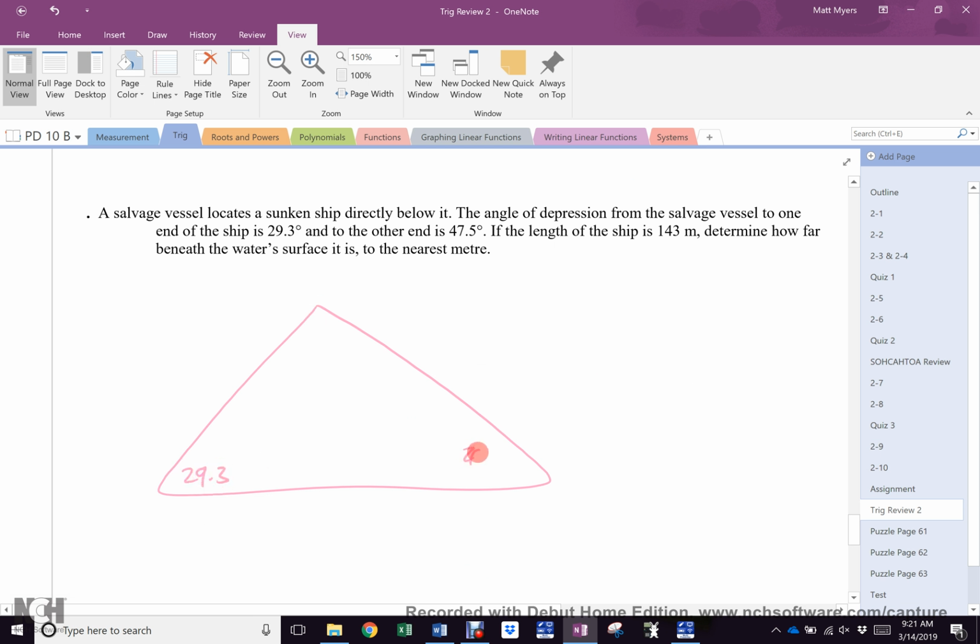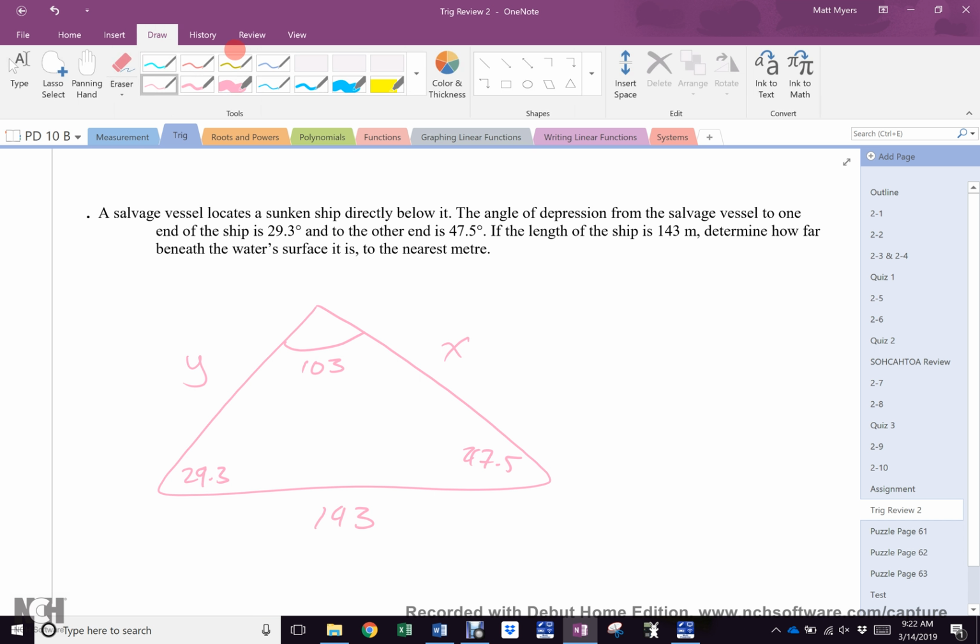29.3, 47.5, 143. This is 103-ish. You use sine law to get either X or Y, then you use cosine law, or then you use regular SOHCAHTOA sine to get the depth, and I think it's 110.